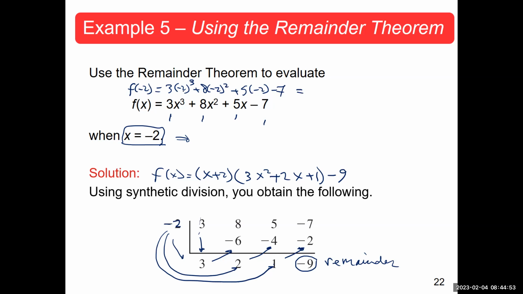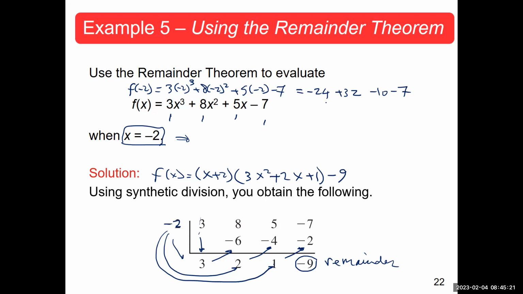Now, -2 to the power 3 is -8. -8 multiplied by 3 is -24. Now here we have -2 to the power 2 is 4, times 8 is 32. -2 times 5 is -10. Then -7. Let's add up.